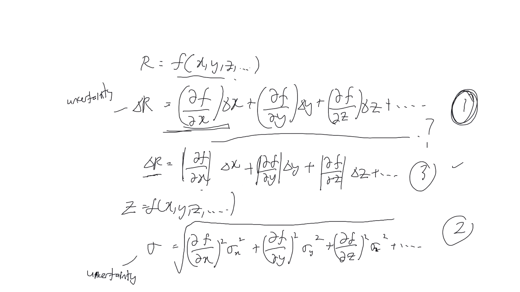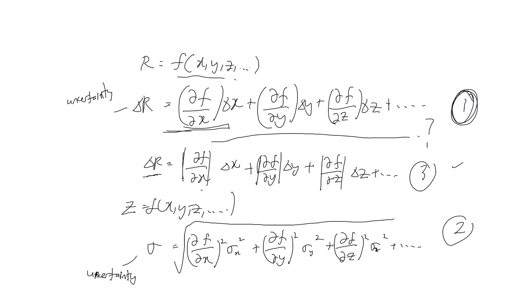I accidentally imitated the approach in number 1 and number 3. So the uncertainty of f is related to the square of ∂f/∂x times the uncertainty of x itself, so not delta x.